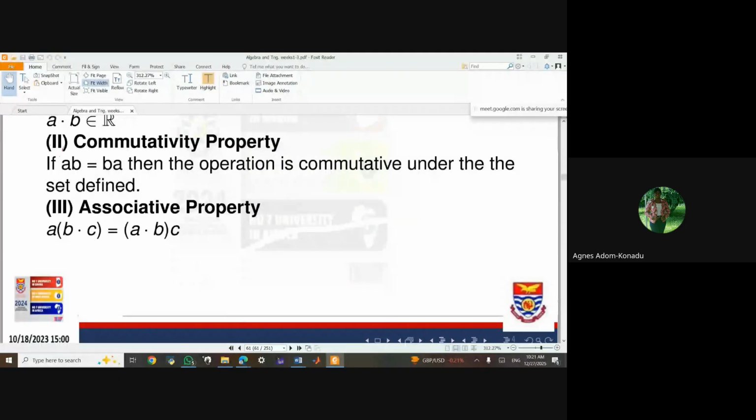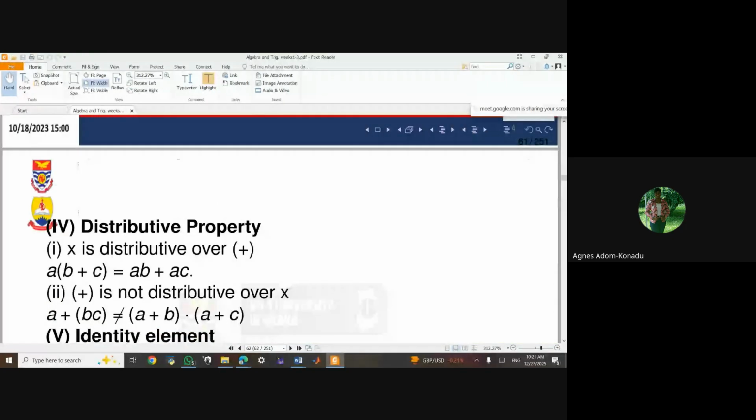Then the associativity: if I have a dot (b dot c) in brackets, it is the same as (a dot b) in brackets times c. So you can choose any number and you see that it will work. And then we also have what we call the distributive property. We are saying that multiplication is distributive over addition, because a times (b plus c) is the same as a times b plus a times c.